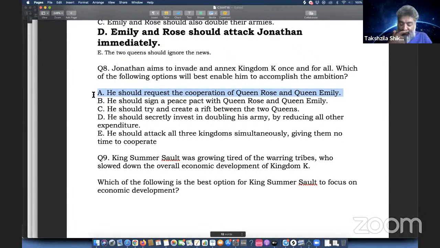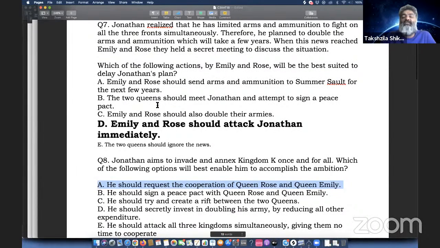Somebody says that because the queens are not expansive by nature, therefore they will agree to the peace pact or whatever, right? The queens are not expansive, but they know he is expansive. So will the queens be willing to just sign up with him? If you looked at my logic earlier, that signing a peace pact, when I was the queen earlier, I was like, no, this is not going to work for me at all, right?